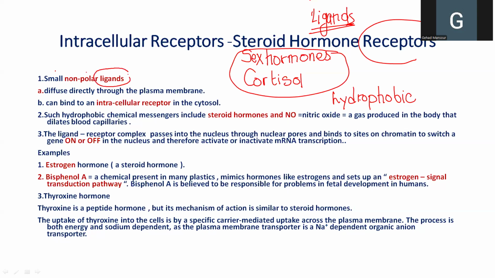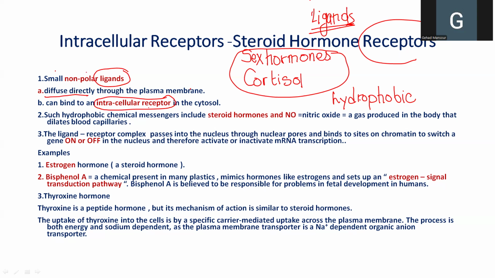Of course, they can diffuse directly through the hydrophobic interior of the plasma membrane. And in such a case, they do not need to have receptors on the cell membrane, but their receptors are intracellular receptors.